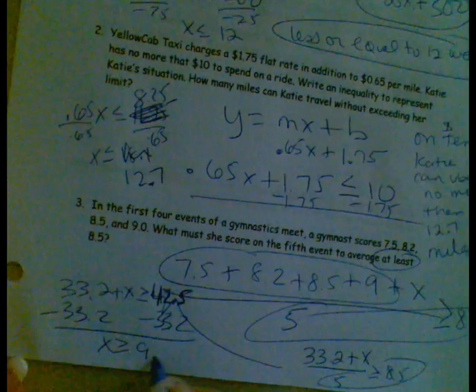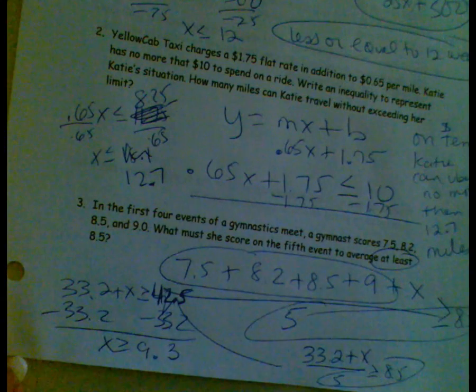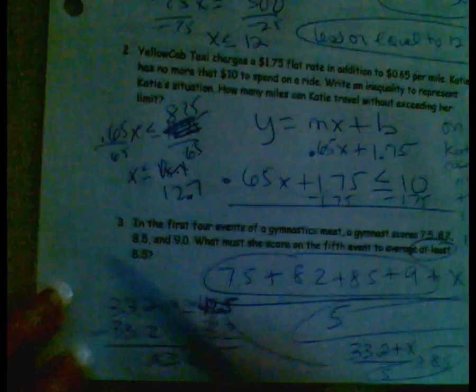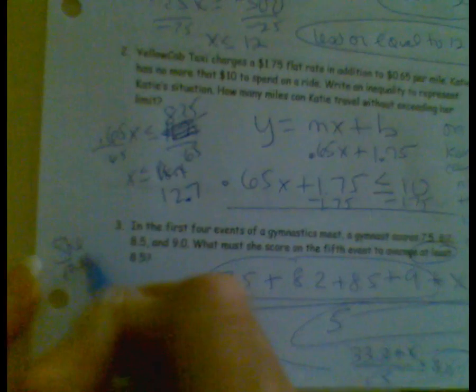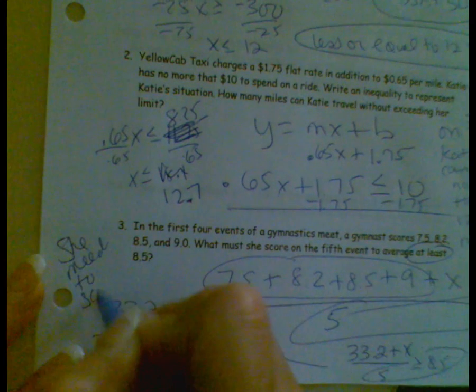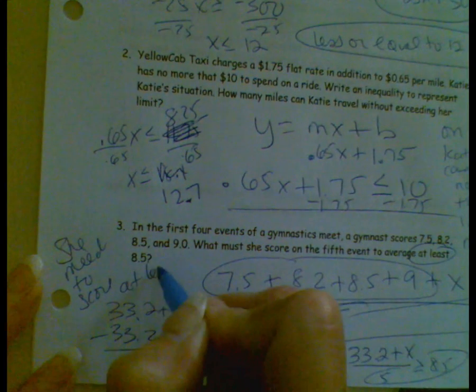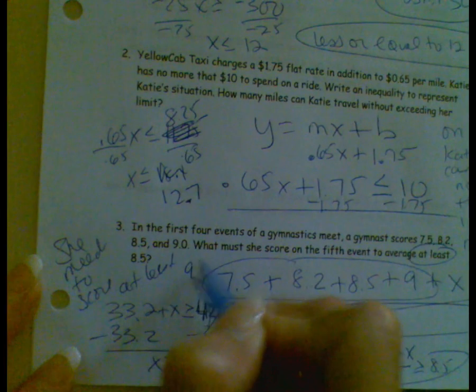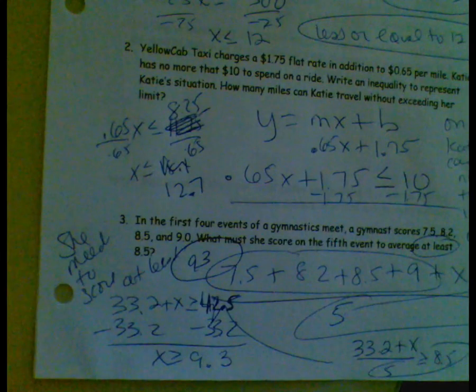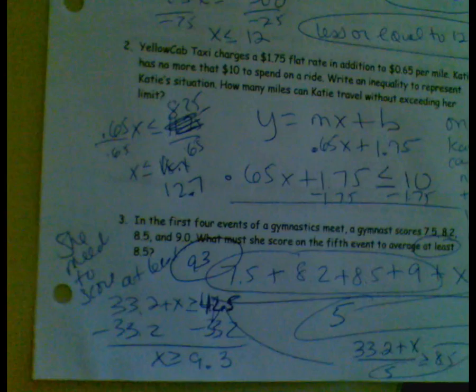Are you guys writing that in words? She needs to score at least a 9.3. And in gymnastics, a 9.3 is really hard to score. So she's probably going to be in the silver.